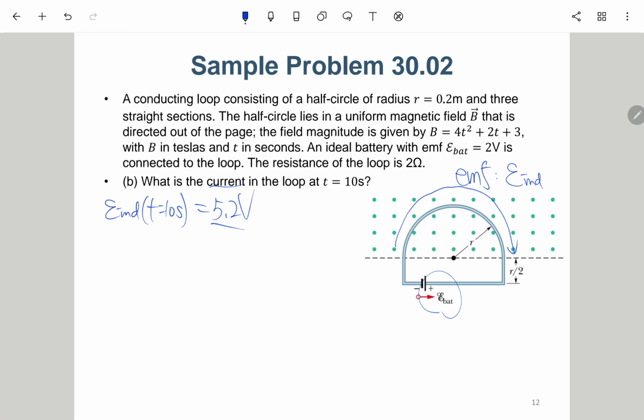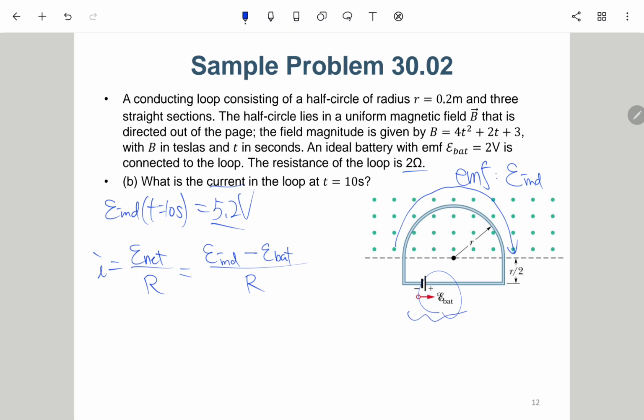So the I should be E net, the net electromotive force, divided by the resistance. We already know the resistance is 2 ohms, so nothing special. But what is E net? E net should be E induced minus E bat. That's why I said electromotive force is something like a potential difference.